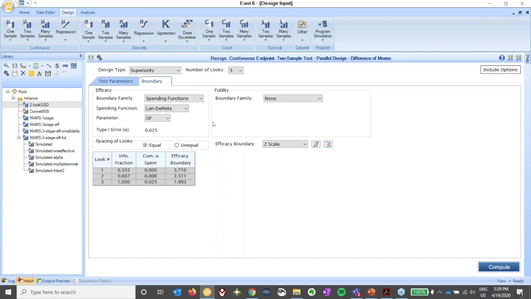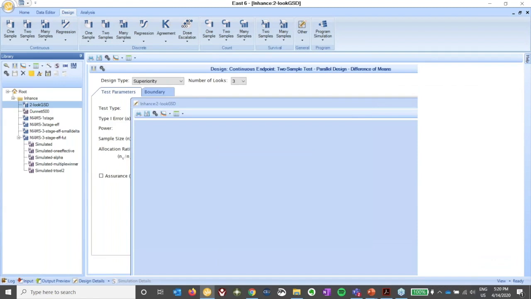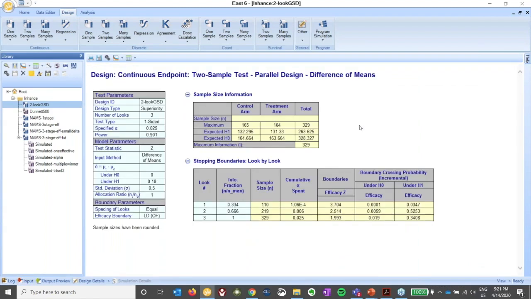So if we were to run a design like this, a standard group sequential design for 2 arms, this would require a maximum of 329 subjects. If we look at more details about this design, the maximum sample size is 329, while for a 2-arm trial, we can say 330. So we need 165 subjects per treatment arm.